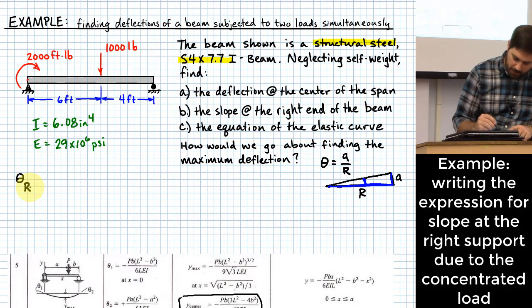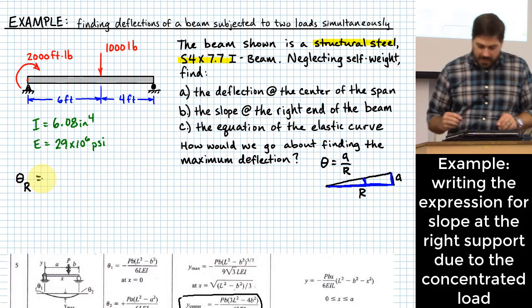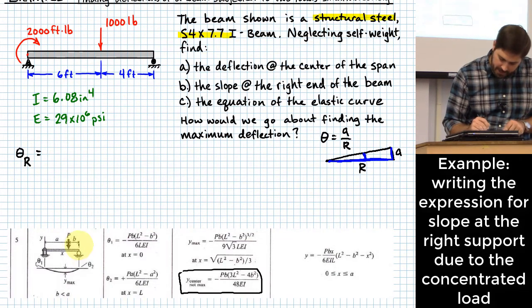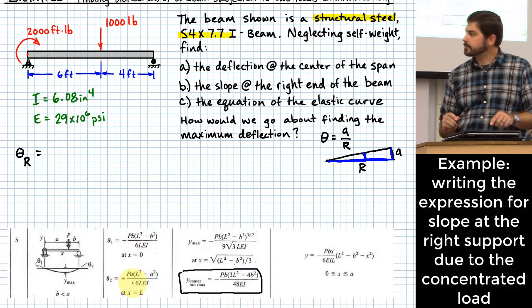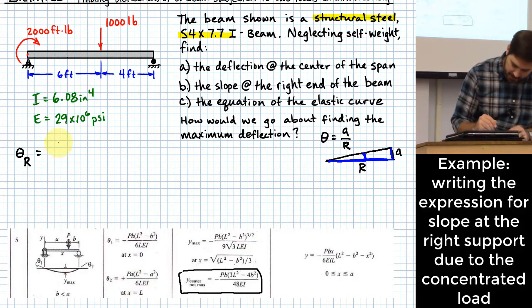Okay, so let's say we're finding this at the right end of the beam. I'll use theta sub r like this. Okay? Case 5 says that the slope at the right end of the beam is going to be theta 2, right? And that's just going to be equal to PA times L squared minus A squared. So P again is 1,000 pounds.